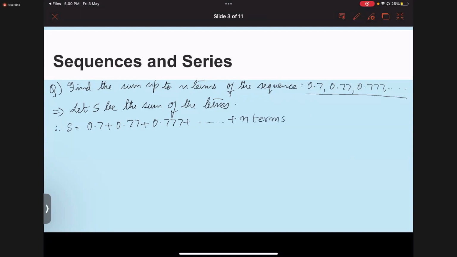Then you can take 7 out from here. You have 0.1 plus 0.11 plus 0.111 plus up to n terms.